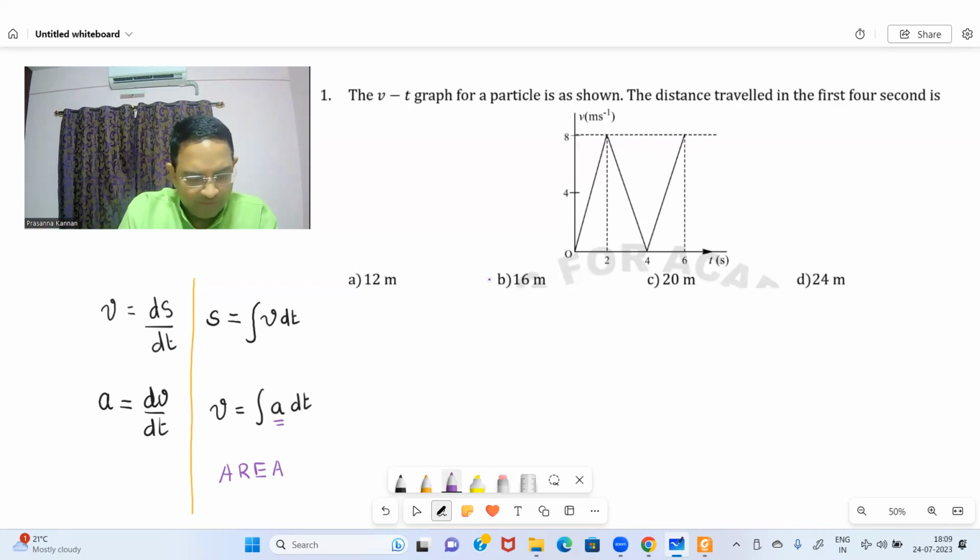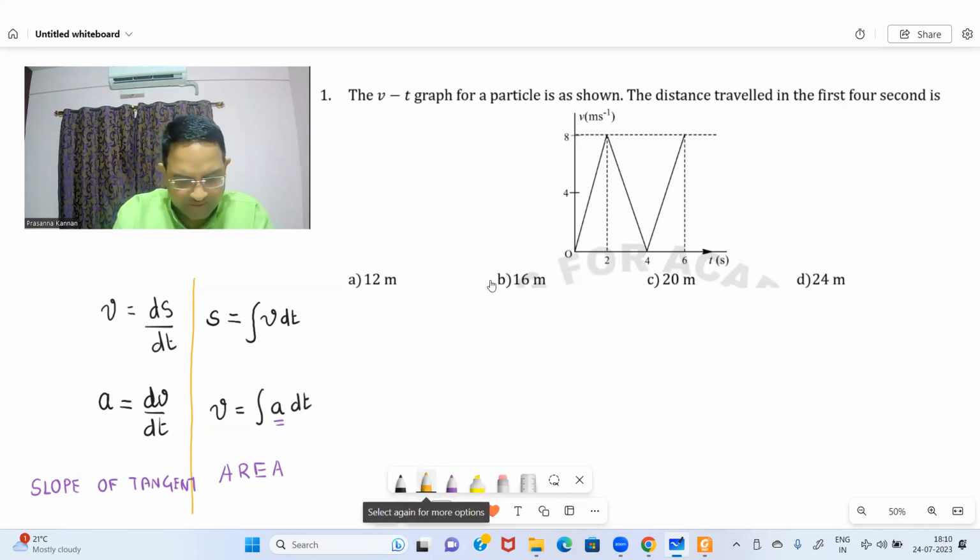Of course, when I differentiate, geometrically it means the slope of the tangent. So whatever point I'm interested in, I'll draw a tangent at that point and then find the slope at that point. Are these concepts clear, students?